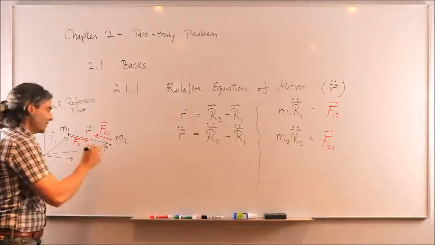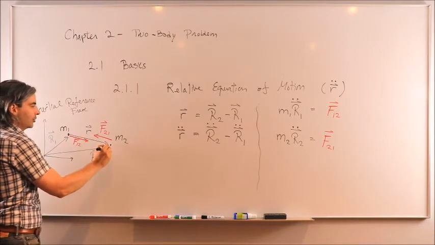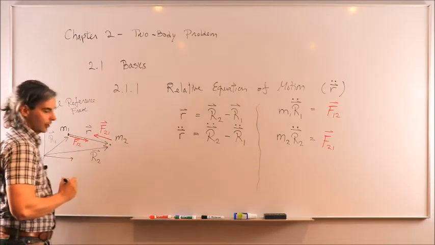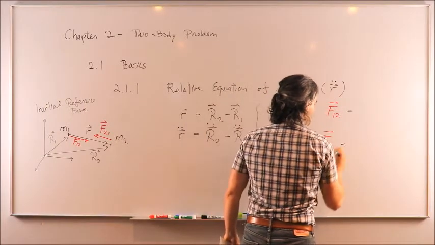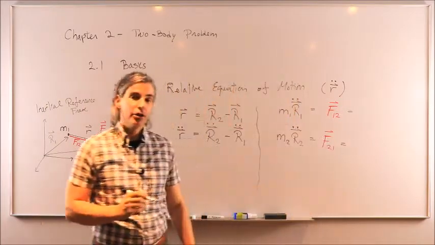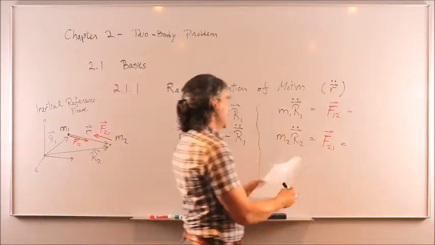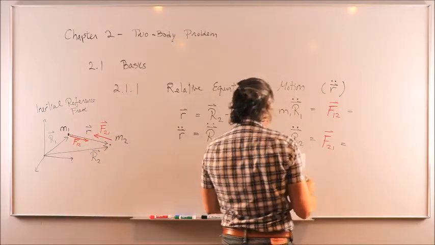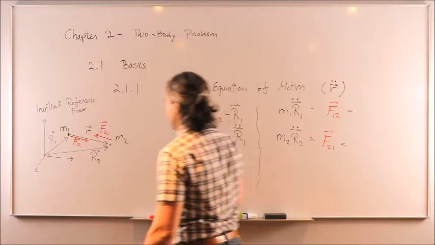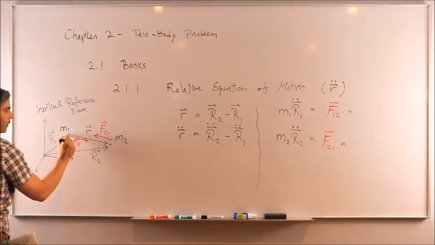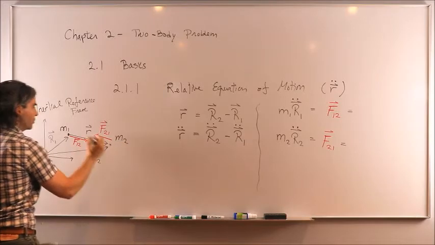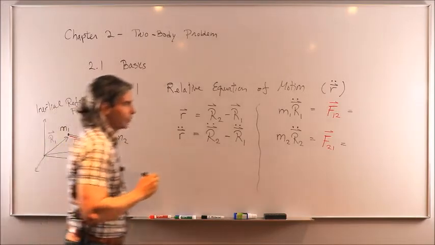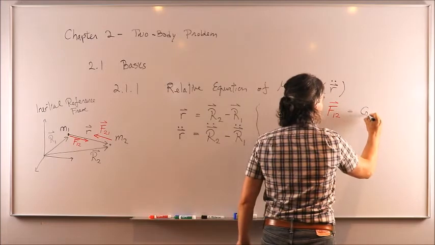Yes, we can, because we know that those forces are due to the gravitational attraction. So in that case, we can apply Newton's gravitational law to quantify F12 and F21. F12 is in the same direction as our position vector r that denotes the position of m2 with respect to m1, so we know that there is no minus sign in front of it.